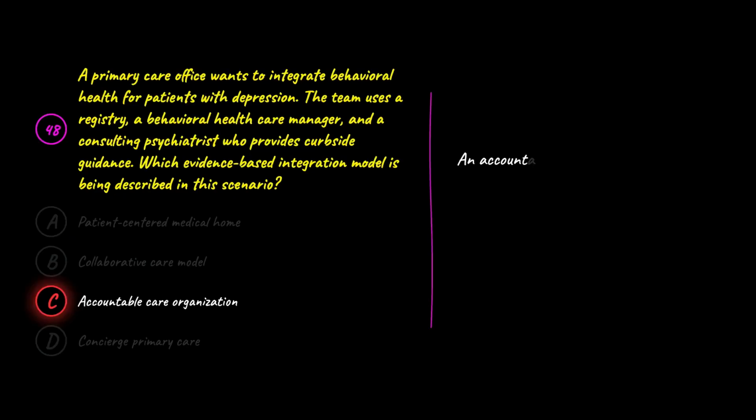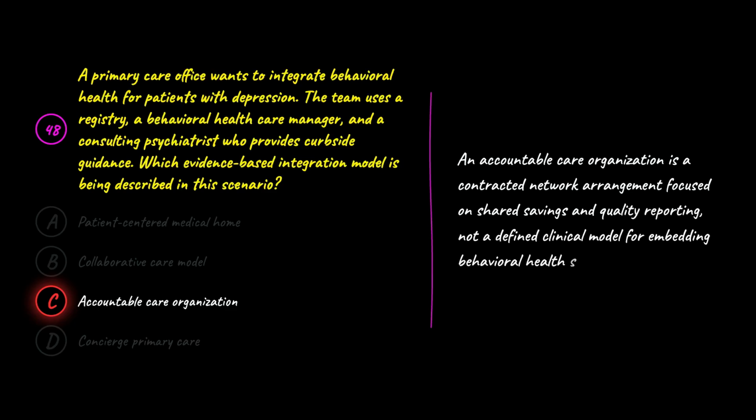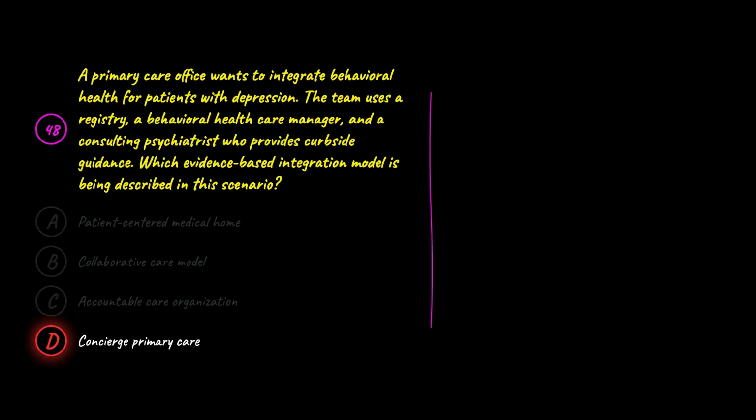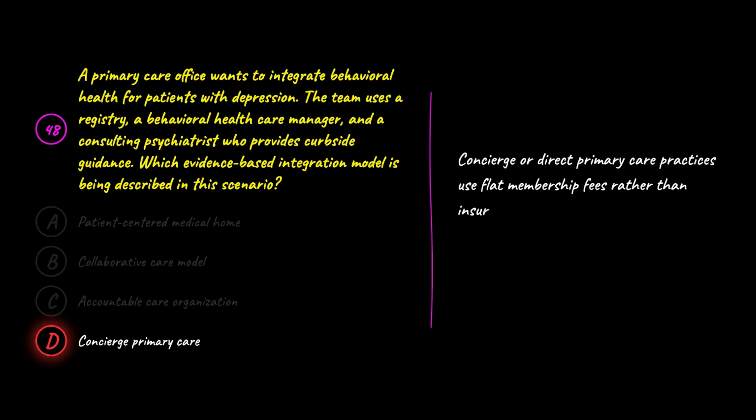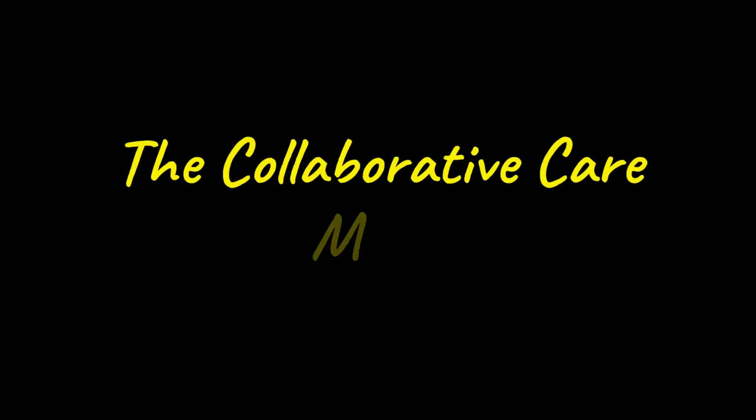C is wrong because an accountable care organization is a contracted network arrangement focused on shared savings and quality reporting, not a defined clinical model for embedding behavioral health staff inside a primary care team. D is wrong because concierge or direct primary care practices use flat membership fees rather than insurance billing, which has no connection to the registry-based behavioral health staffing arrangement described in the scenario.